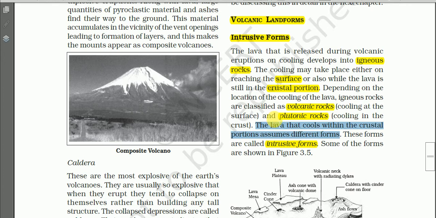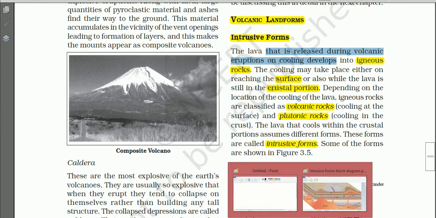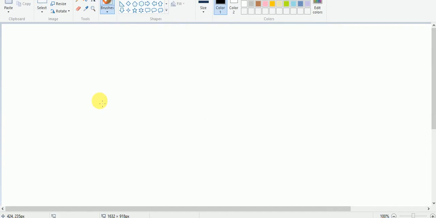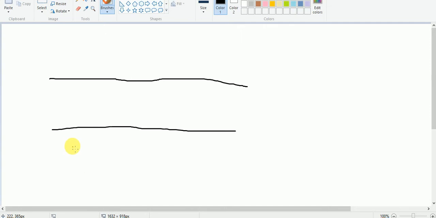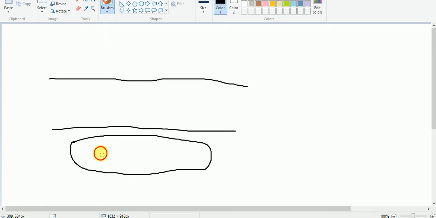We have learned that the lava that is released during the volcanic eruption on cooling develops igneous rocks. See, this is the surface, here is the crustal portion, and this is the mantle, asthenosphere, upper mantle, and here we have a magma chamber.